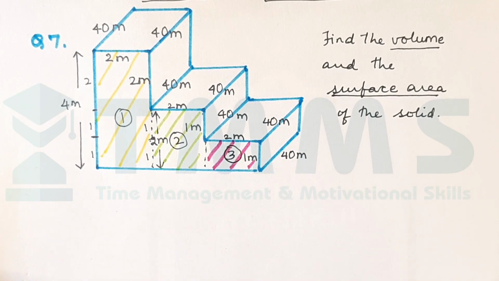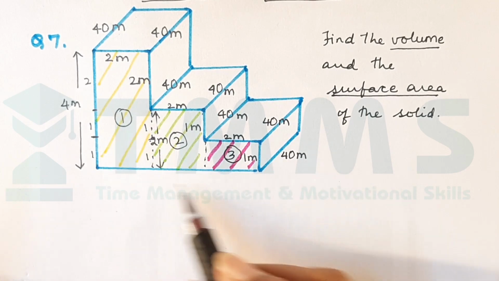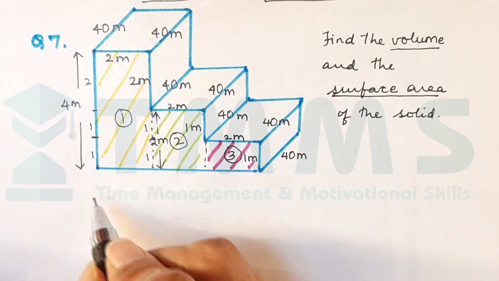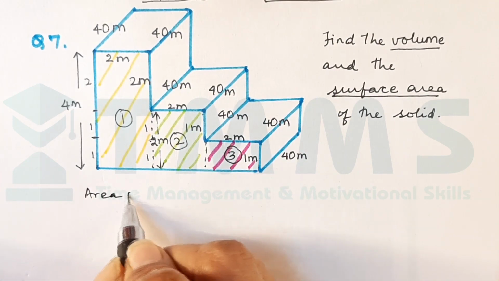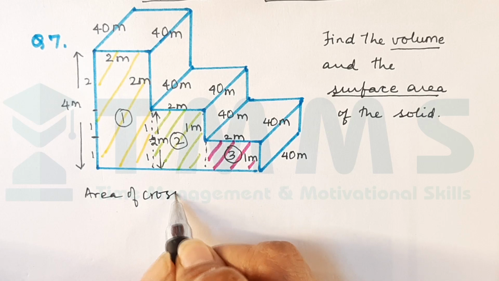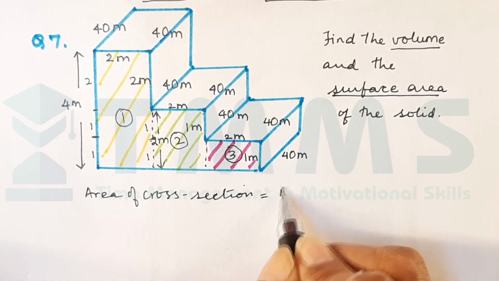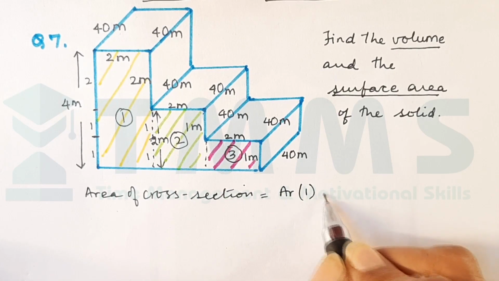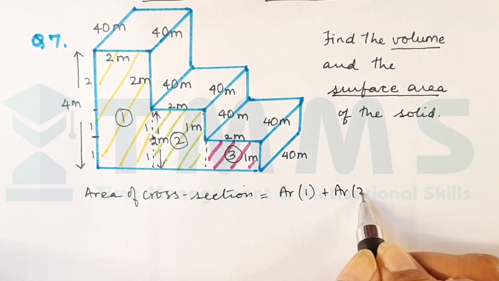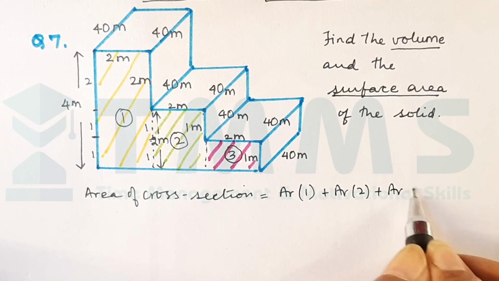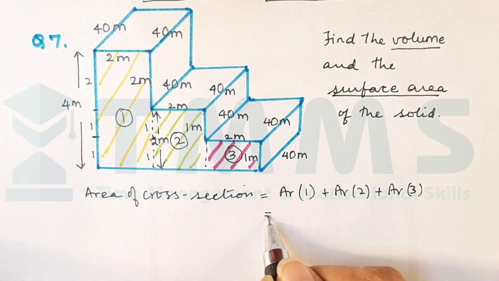So it becomes easier. So the area of cross section will be found by writing area of cross section will be equal to area 1 plus area 2 plus area 3. Okay.